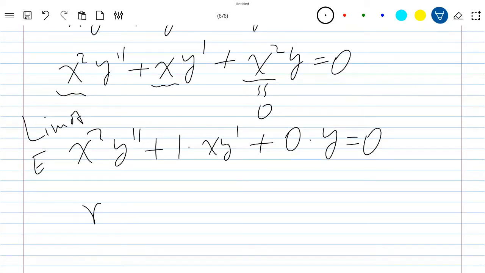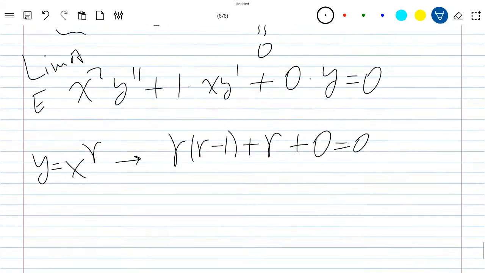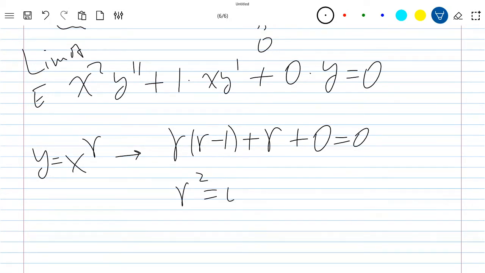You have x to the r, then you will have r times r minus 1 plus r, and plus 0 equals 0. And that says r squared equals 0. Well, that will give you r equals 0. If you want, you can say they are both 0.